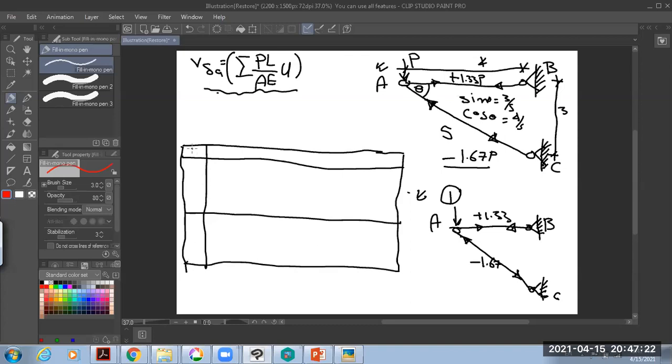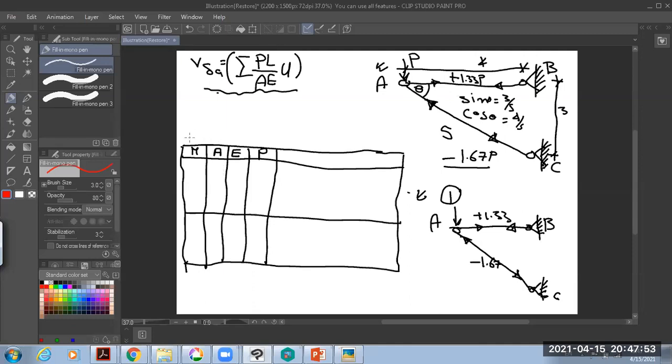Member, cross section, modulus of elasticity, B: the internal forces due to the external forces, whatever the external forces, 10 newton, 10 kilonewton, 10 kips, whatever.